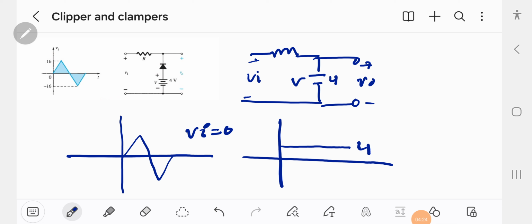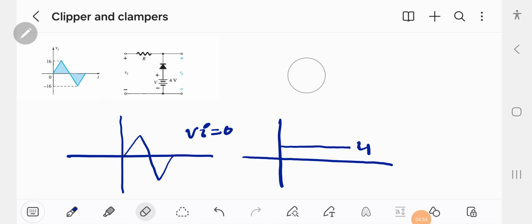Now what happens when the diode is off? When the diode is off, we get an output voltage equal to the input voltage.